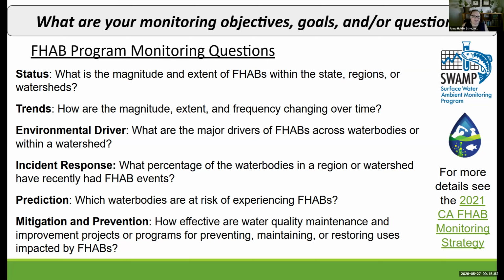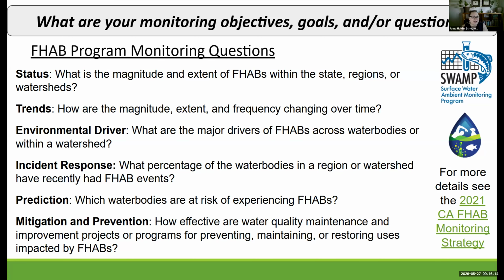And the strategy is catered to assess relevant scales like an individual waterway or an entire watershed or larger region. So it's also a useful tool when developing your monitoring goals and questions to address harmful algal blooms concerns, because you can kind of pick and choose your scale and the framework that you want to use.